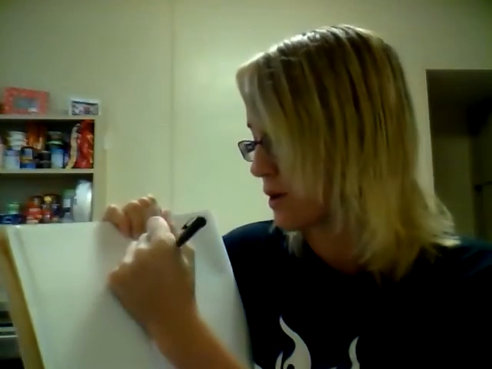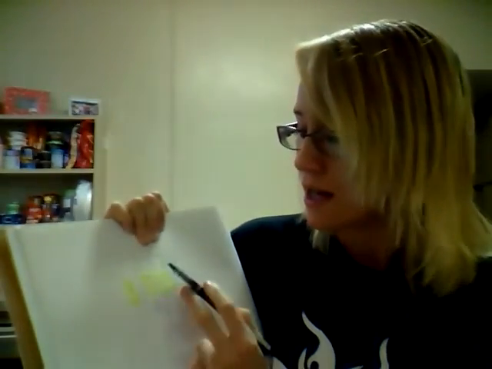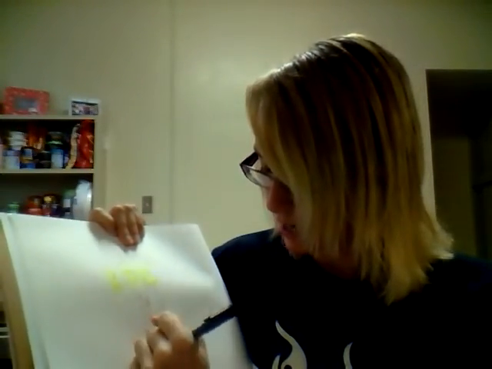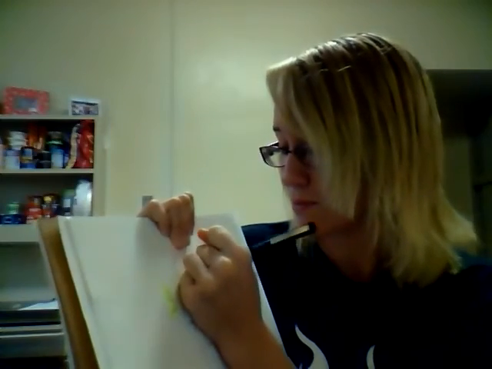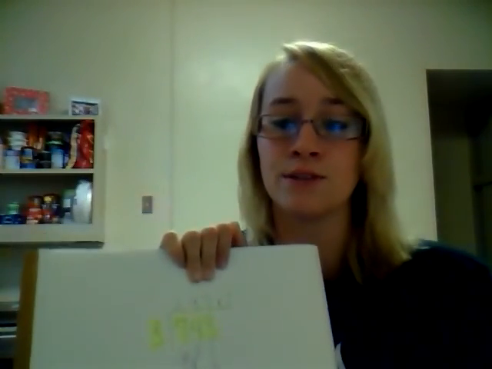So that's too much, so it would be 7. 7 times 3 is 21, so you bring the 21 down and you subtract it. Now that there's no leftover over here, all the numbers have been taken up, your remainder would be 2. And that is how you do short division.